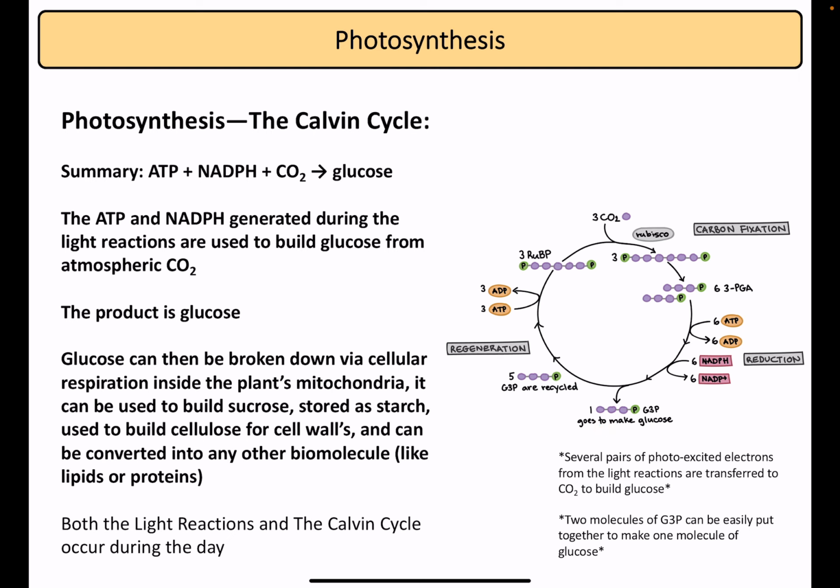Then, once the plant has that glucose, it can transport it to the mitochondria and break it down to produce a large amount of ATP. It can convert that glucose into sucrose. It can store excess glucose as starch. It can also use that glucose to build cellulose, which is needed for plant cell walls, for instance.